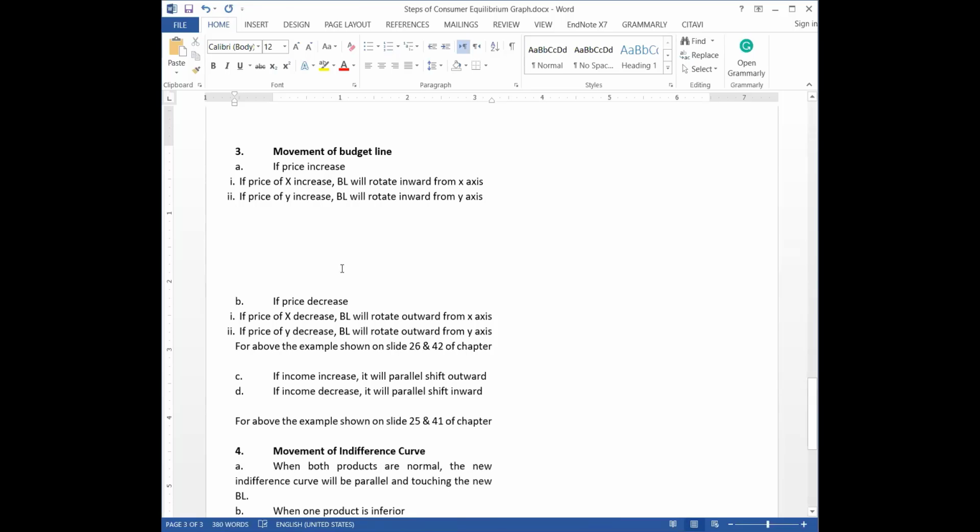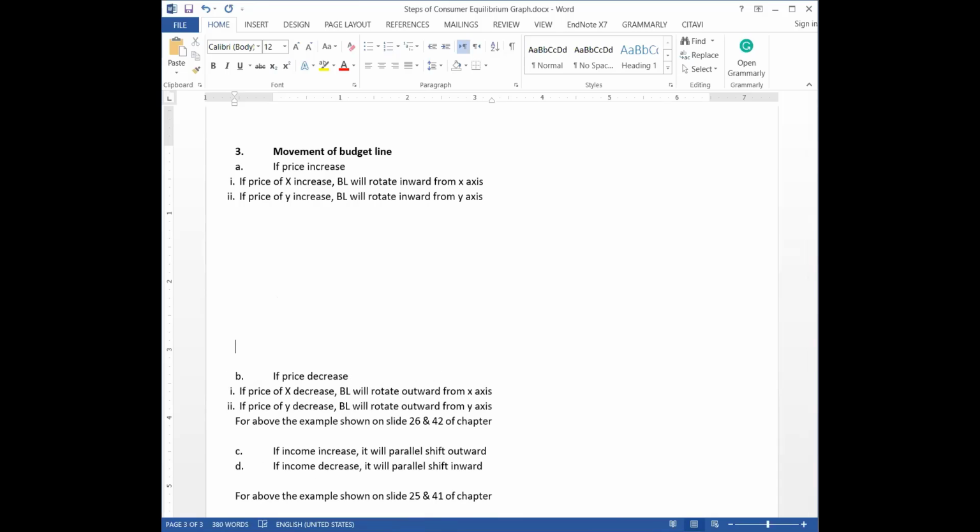The first case can be that there is an increase in price. The statement could talk about an increase in price of any product. I will draw both cases here.